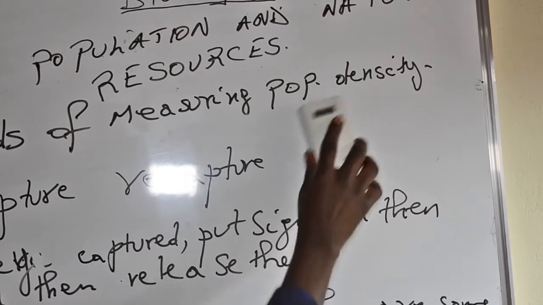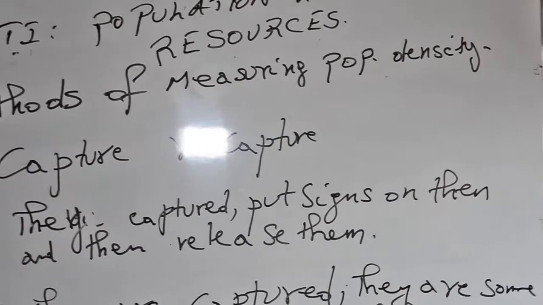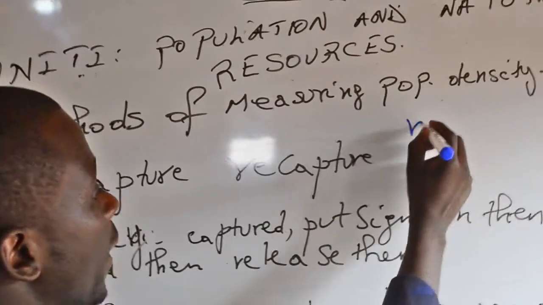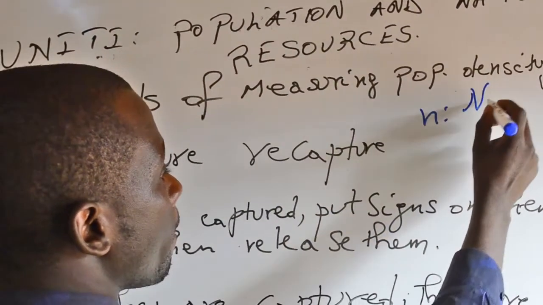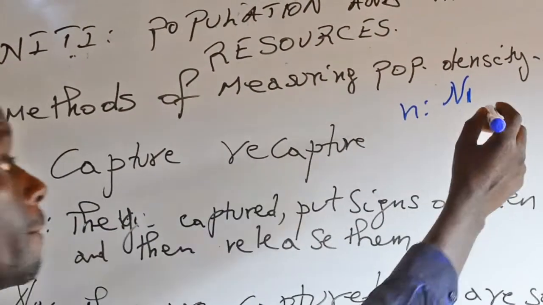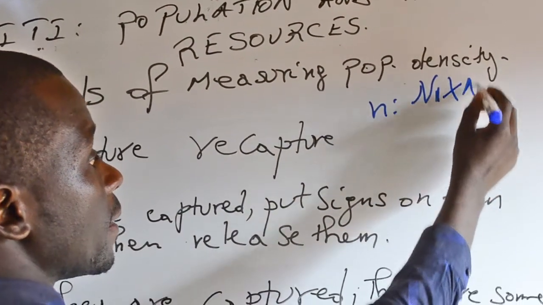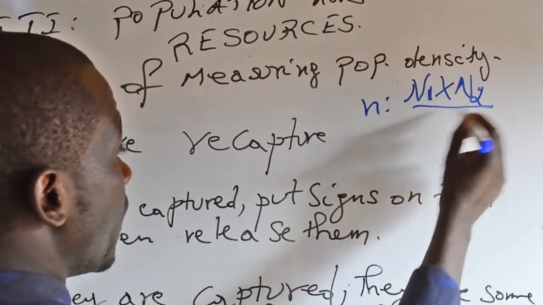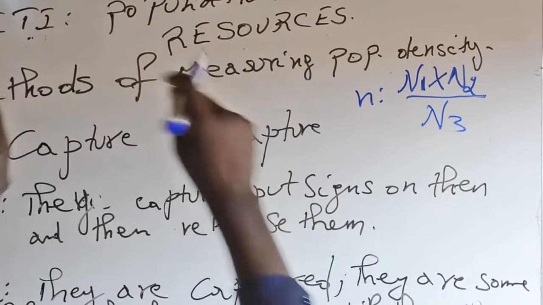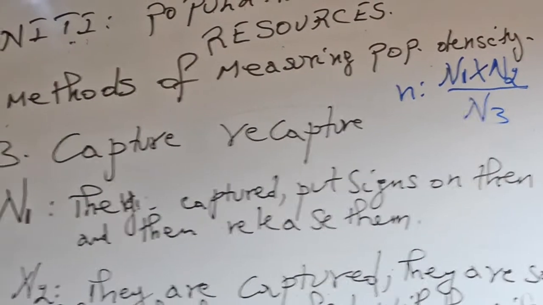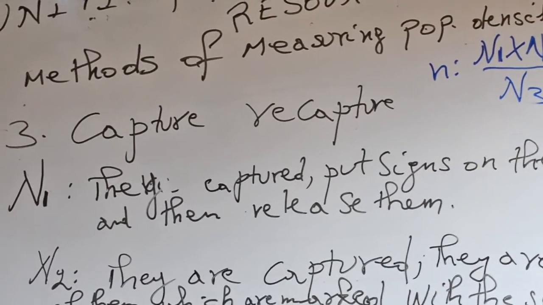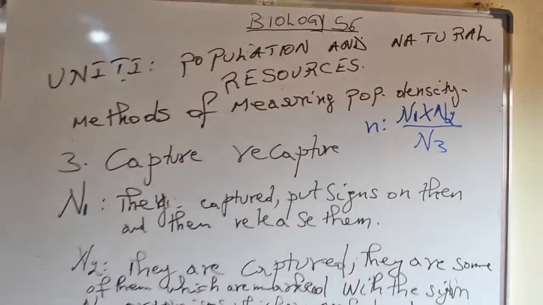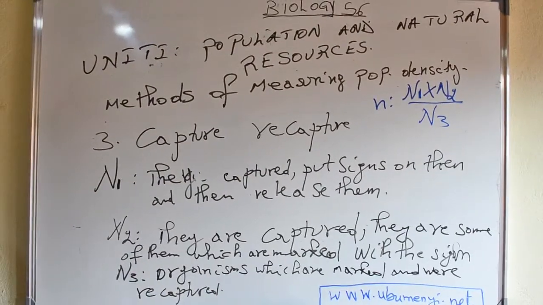Let me make this formula clear. N equals N1 times N2 divided by N3. So this is how you make a calculation for the third method, the capture recapture method.